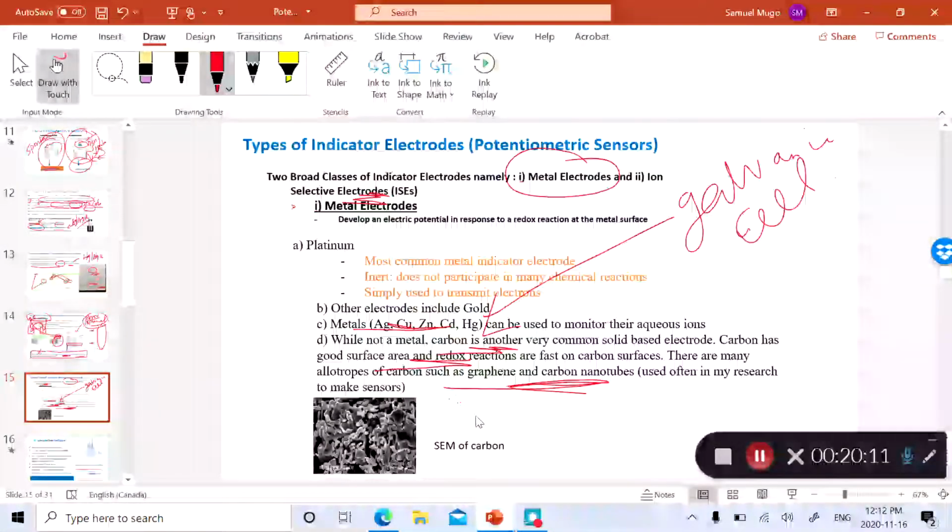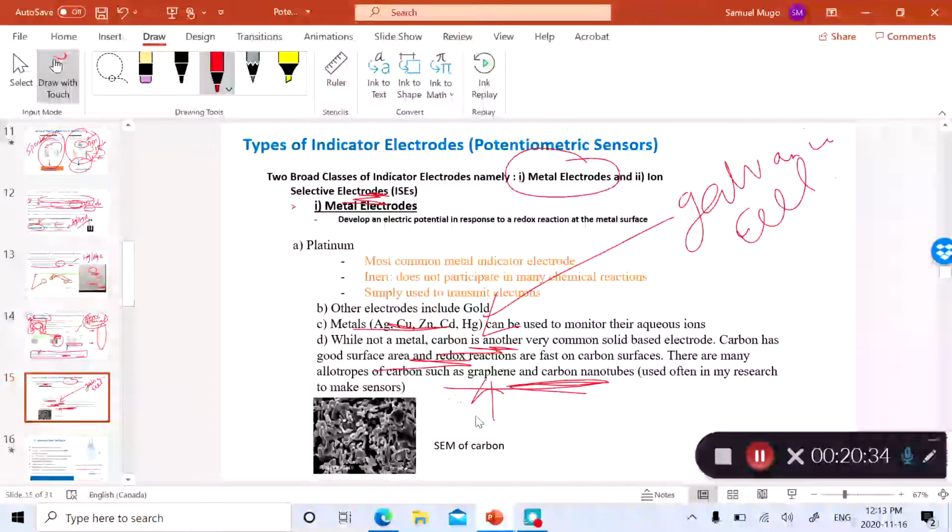And also very recently, maybe in the last only 5 years, graphene is another allotrope of carbon that has just been discovered, which is essentially a two-dimensional graphite sheet. Remember, graphite is three-dimensional, graphene is a two-dimensional carbon allotrope.